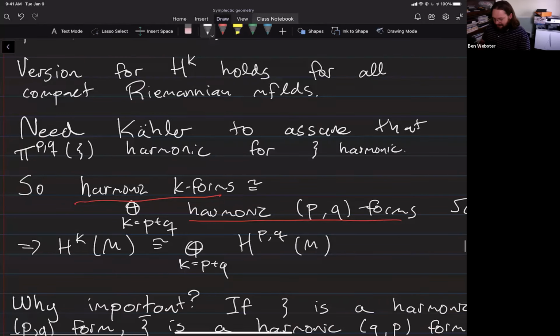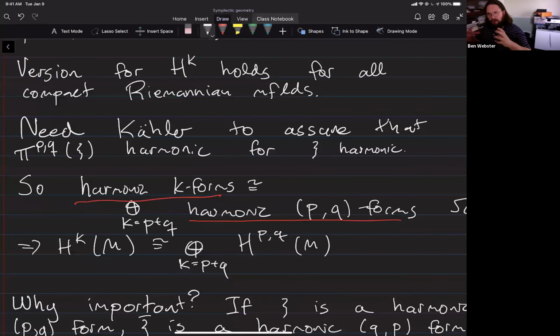So the space of harmonic k forms is the same as the kth de Rham cohomology, and the space of harmonic PQ forms is the same as the PQ Dolbeault cohomology. Just this basic fact that harmonic forms break into harmonic PQ forms gives me this isomorphism of de Rham cohomology and Dolbeault cohomology.